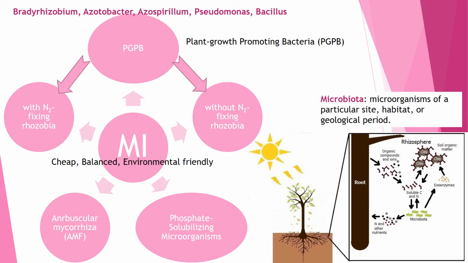And then from the root, they will also release some organic compounds and ions. So this will synthesize more carbon-based and nitrogen-based nutrients to be taken up by the root.